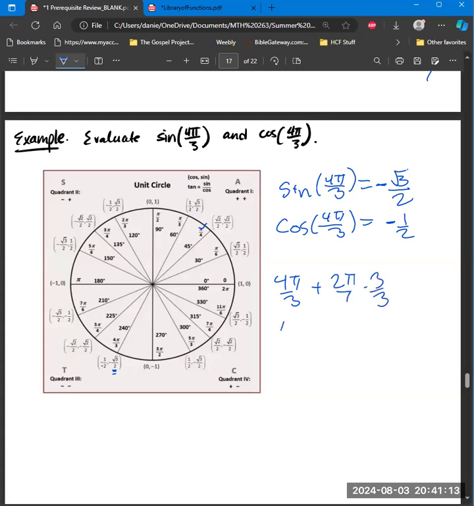Multiply this by 3 over 3. 4 pi plus 6 pi over 3 is 10 pi over 3, and they're going to land at the same place here on the unit circle. Just one of them I went around like this. The other one I went all the way around and then back around and landed at the same place. So they're going to have the same sine and cosine values if they're coterminal.